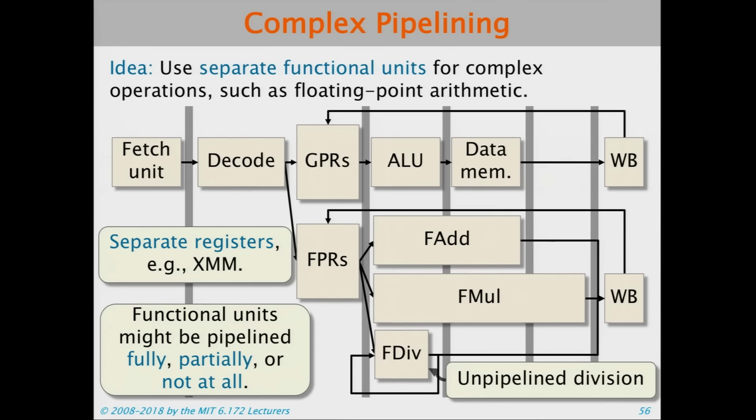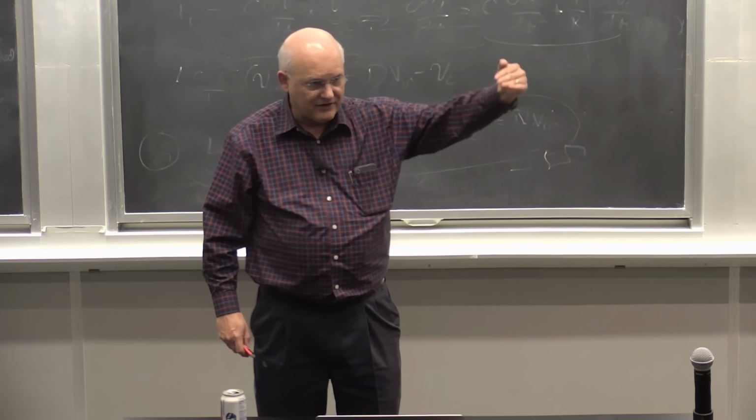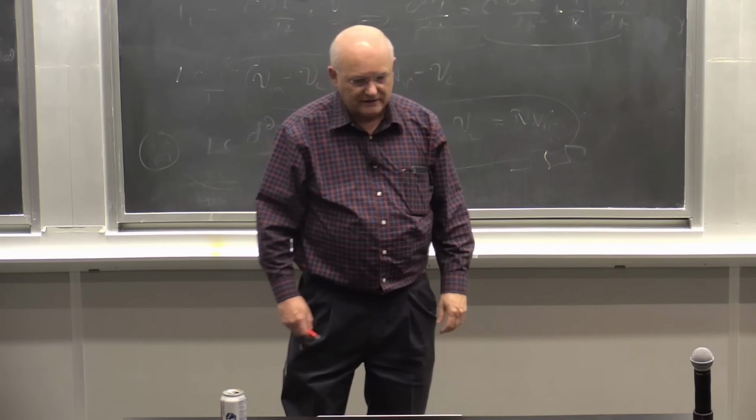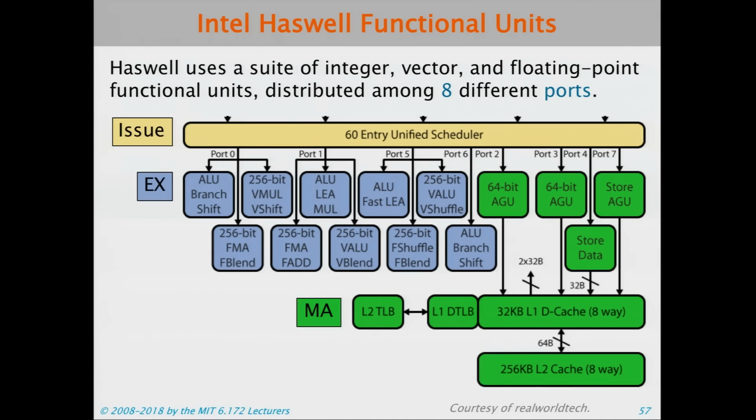And so I now have a whole bunch of different functional units, and there are different paths that I'm going to be able to take through the data path of the processor. So in Haswell, they have integer, vector, floating point distributed among 8 different ports.